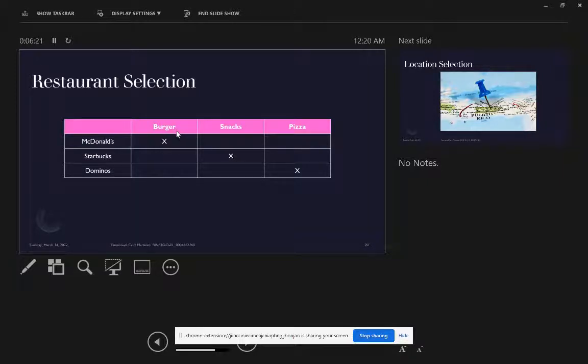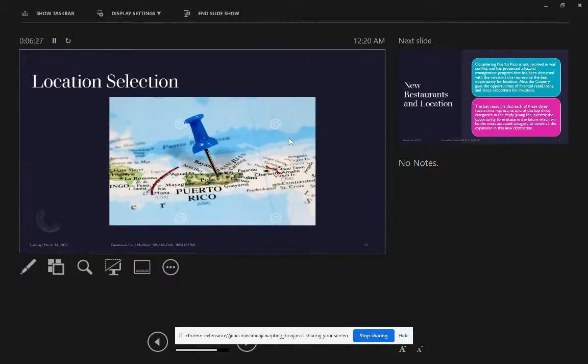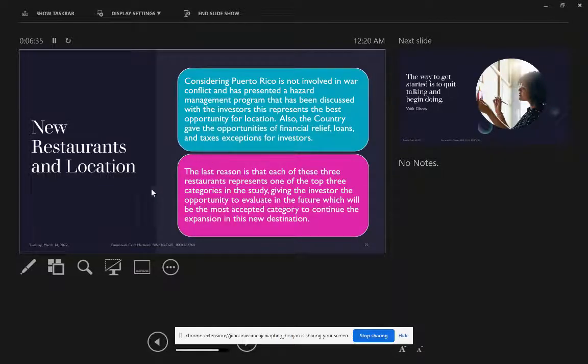So the investors will have the opportunity to experiment with the different categories, and in the future when they are located in Puerto Rico, they will have the opportunity to compare which are the most acceptable and the ones that most impact the population, the favorite ones.